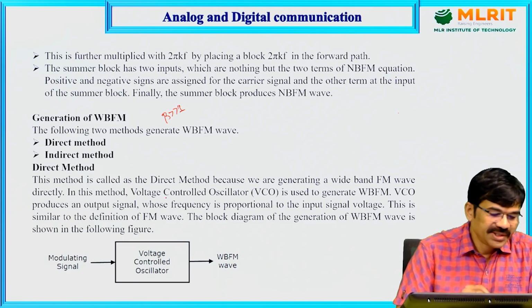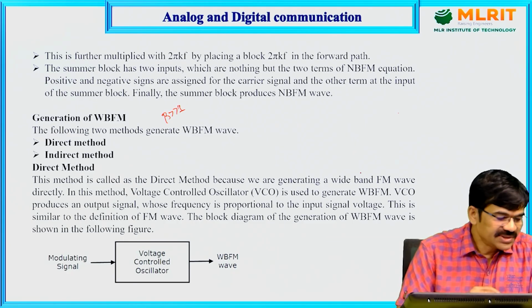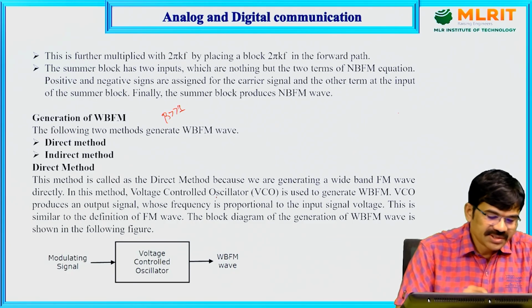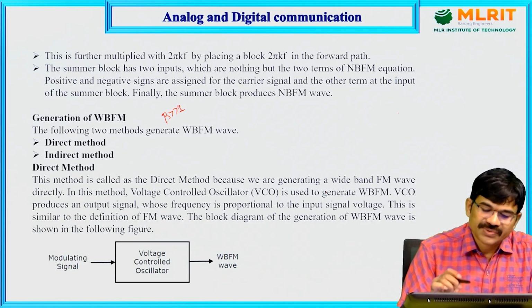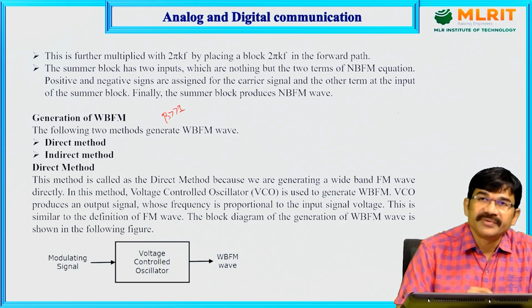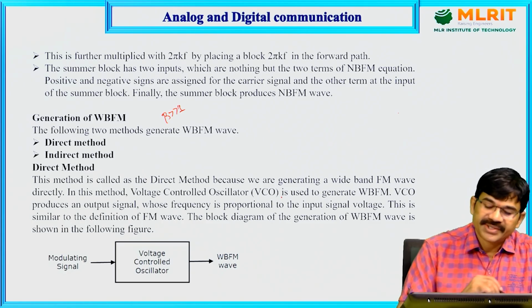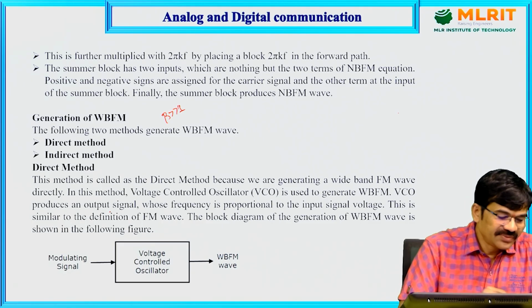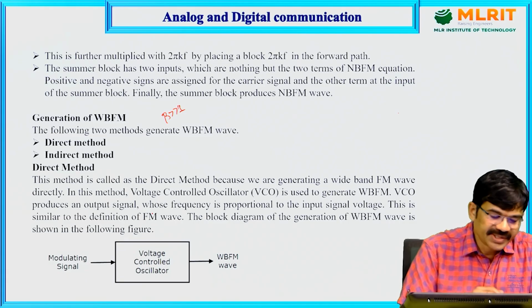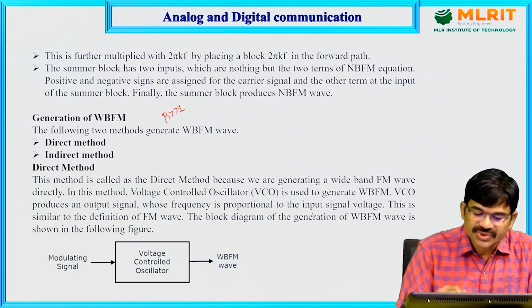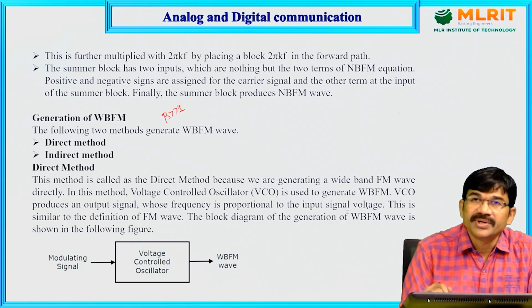So here, what method are we using? A voltage controlled oscillator is used to generate the wideband FM in the direct method. The voltage controlled oscillator produces an output signal whose frequency is proportional to the input signal voltage.